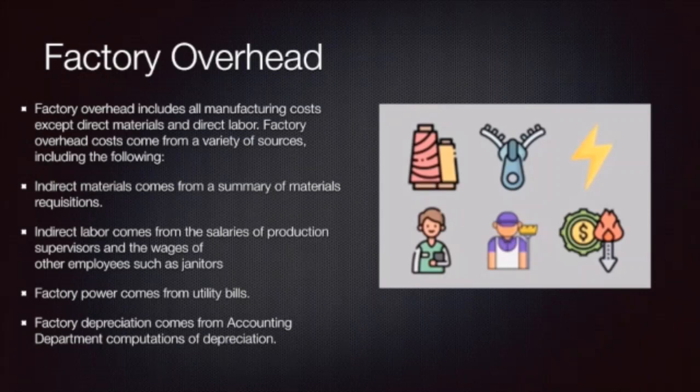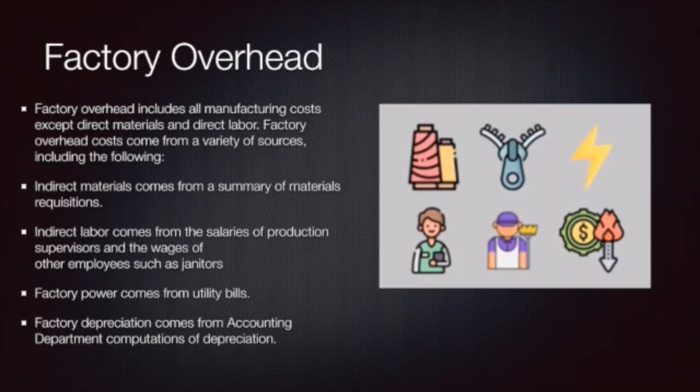Another is the utility bills that the factory incur. And the factory depreciation comes from accounting department computations of depreciation. Factory depreciation, example of these are the machines that they use in the factories that would lose value over time because of wear and tear.